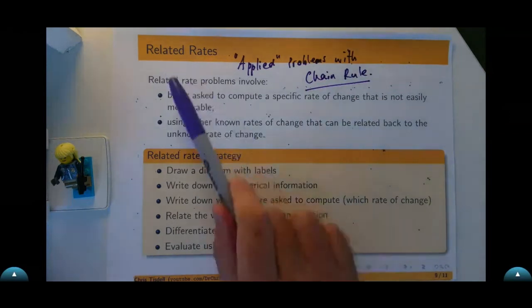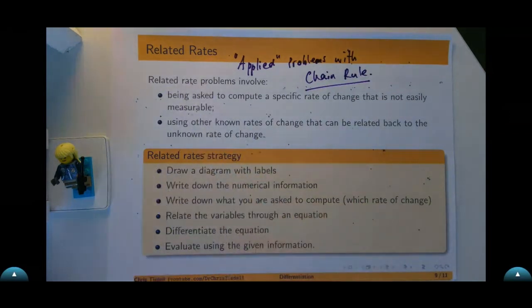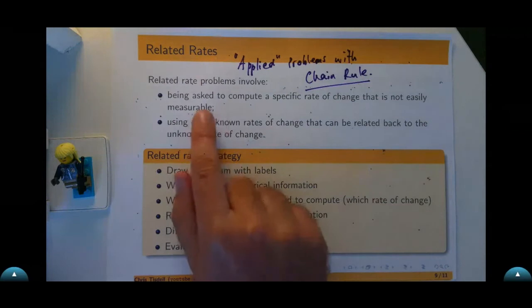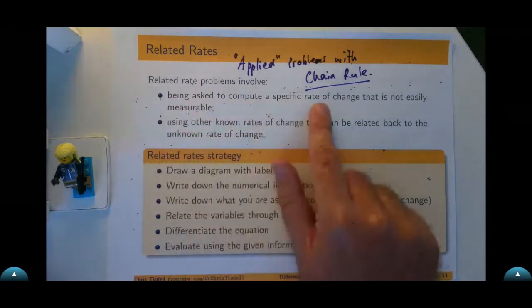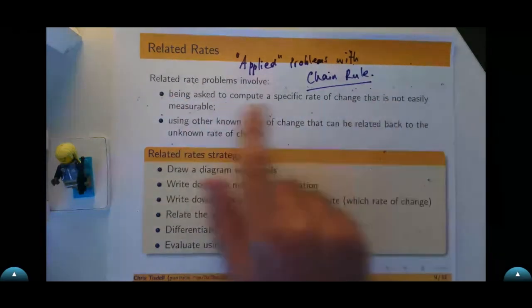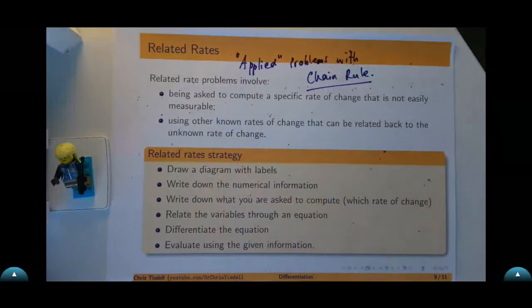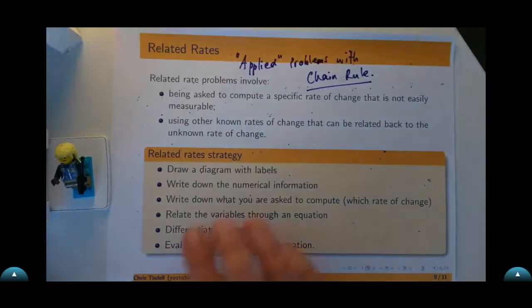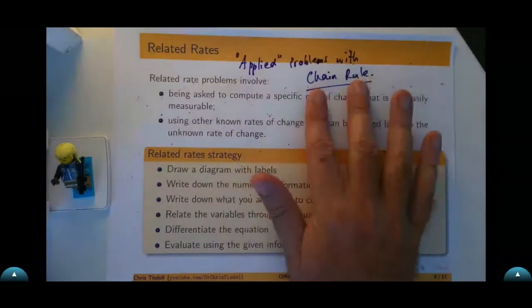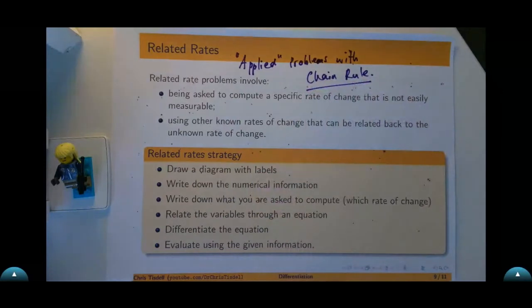Okay, so I'll show you an example of a related rate problem in a second, but basically you're asked to compute some rate of change that's not easily measurable. Okay, and you essentially use the chain rule and some manipulation to get what you want here.